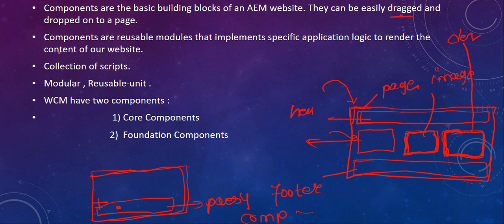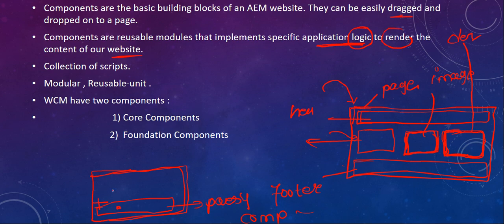Once you have created a component, you can reuse it in multiple modules, that means in multiple websites or multiple pages you can reuse the same component. Inside that component it has some specific logic, application related logic, and this logic will render to your website.